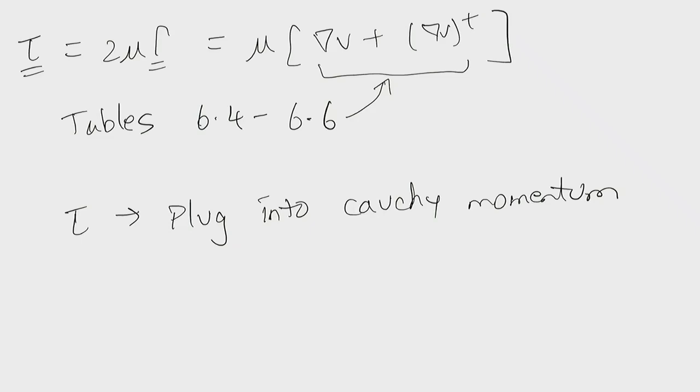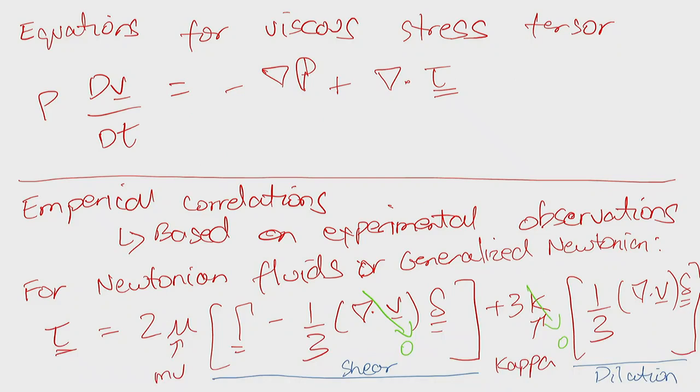Okay. So just going back a few slides here, the equation that we have is rho dv dt equals negative grad script p plus del dot tau, right? And so what we need is not just an expression for tau, which we now have in terms of the velocity field, but an expression for del dot tau.